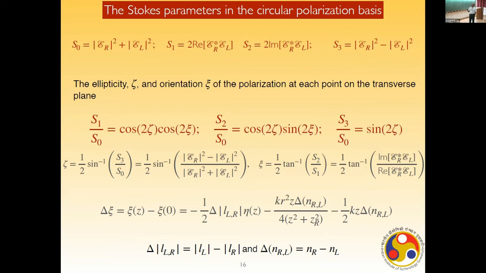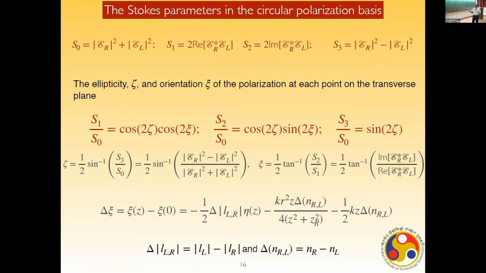S2 is going to give you the polarization angle, and S3 gives you the weightage of the X polarized light over the right polarized light. Now we can define the ellipticity, because a general polarization is an elliptical polarization. When the ellipticity zeta is equal to 1, you have a circle. If zeta is equal to 0, it is a linearly polarized light.